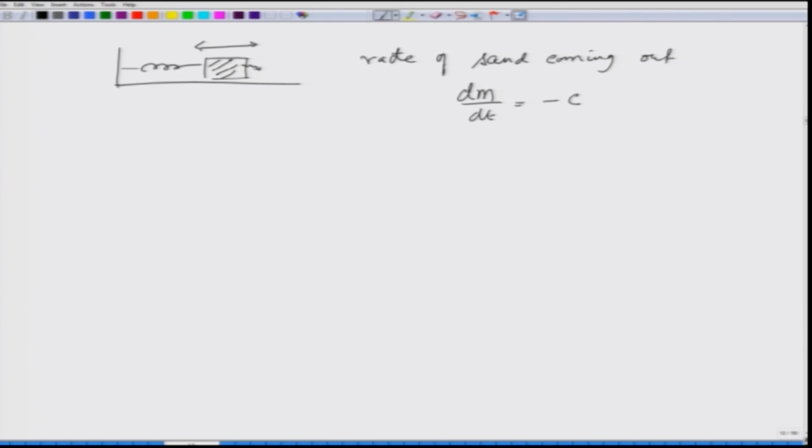As the sand comes out, it takes away energy from it. So, energy leaking out in time delta t is going to be equal to delta m over delta t times 1/2 x dot t square, where x dot is the velocity at that time. So, if delta m by delta t is negative, energy would be leaking out, it will come out with a negative sign.